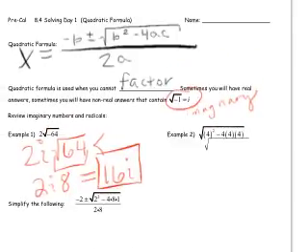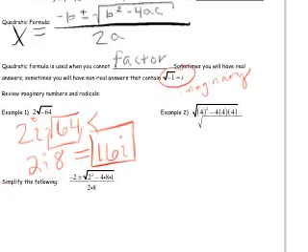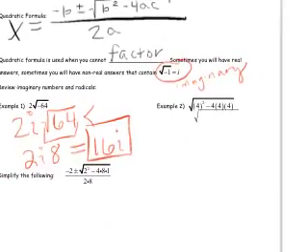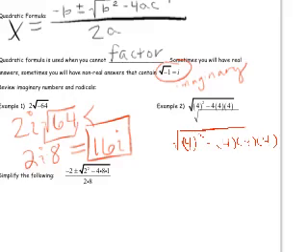All right, so in our next example, do y'all have this little extra square root right here? It's super weird. Okay, so our next example is the square root of 4 squared minus 4 times 4 times 4. I'm just rewriting it because that square root's bothering me.